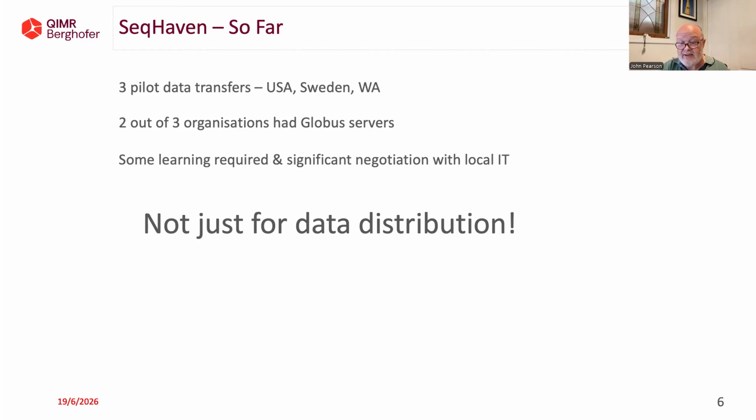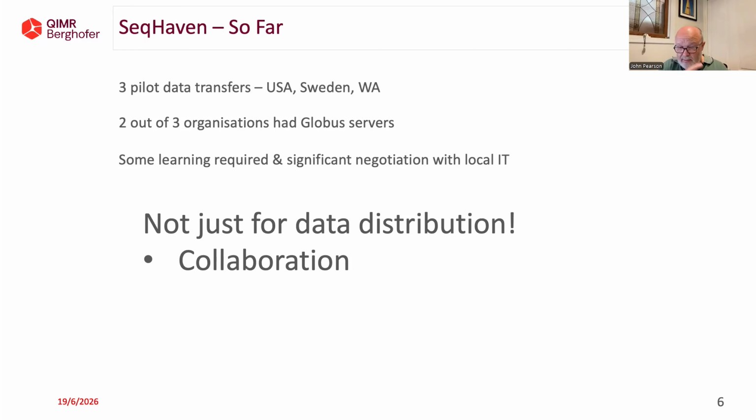And the vast majority of researchers send their data to be shared by one of those two organizations. So that means, in my head at least, data distribution is very much a case of sending it somewhere and then someone shares it for us. So it's a pure distribution play. But we have discovered, now that we're using Globus and sharing ourselves, it's an incredibly powerful collaboration tool.